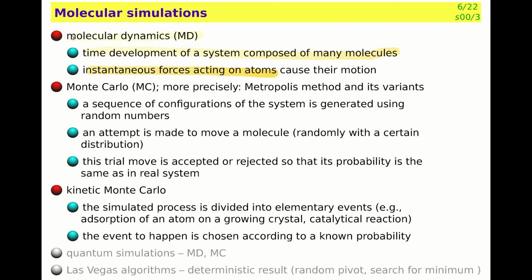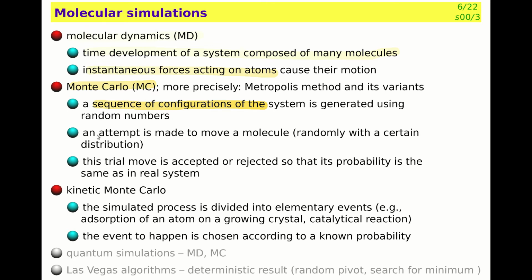But instead of molecular dynamics, we can use another type of methods which give the same results. They do not use the concept of time and time development, but still they use a concept of creating one configuration from a previous one. In such methods, we generate a sequence of configurations of the system, and we generate them using random numbers, random moves, and certain rules how to accept or reject these moves.